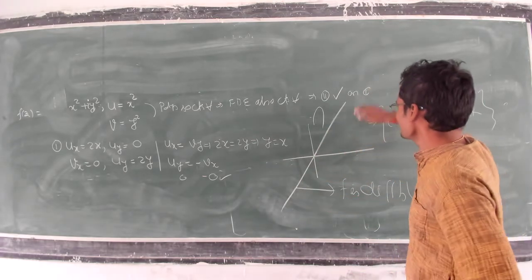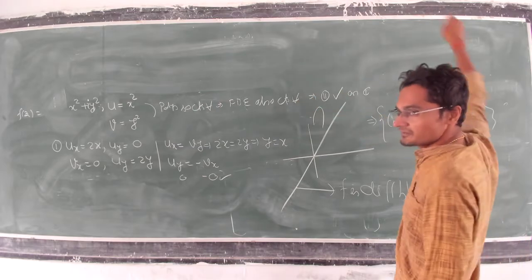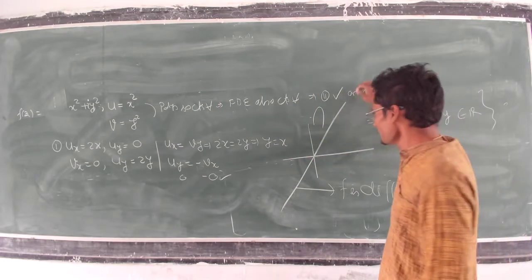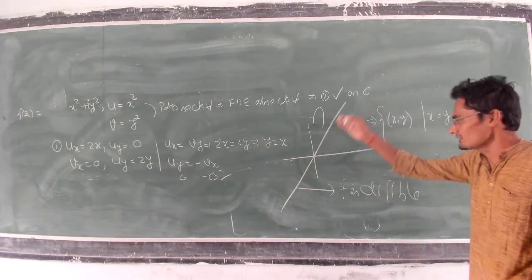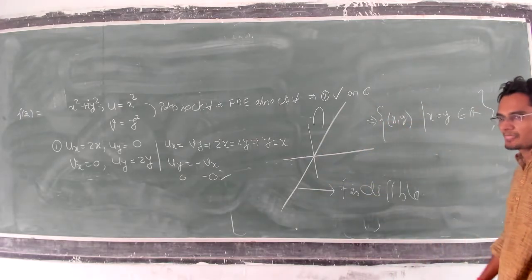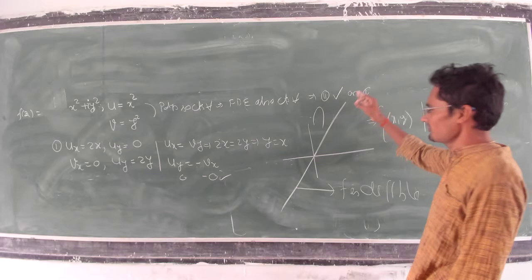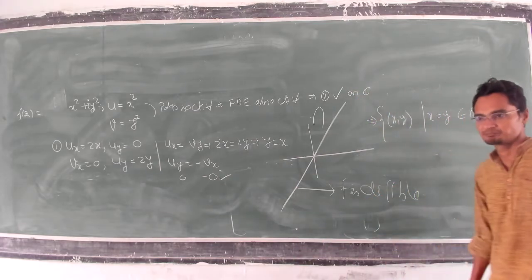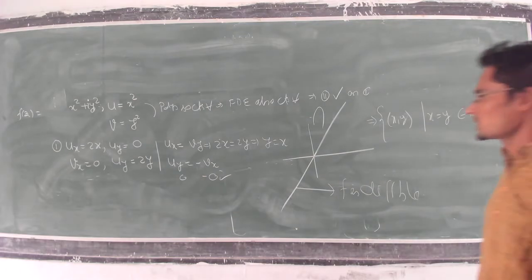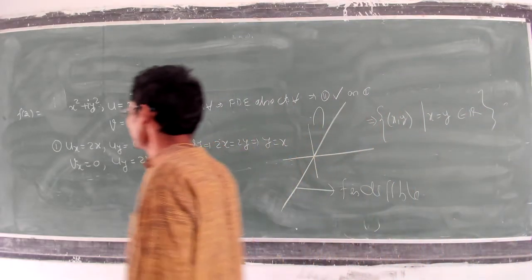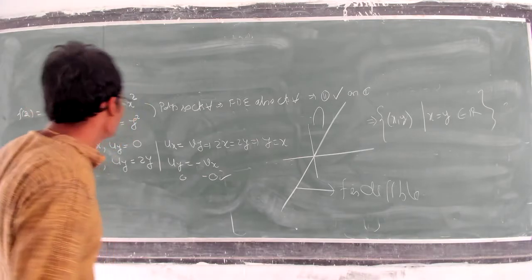Now I take the intersection, this condition satisfying everywhere, this satisfying along line only. So if I take the intersection, definitely this line will be the intersection, right? So that's why our function is differentiable along this line only, right? So some observation.